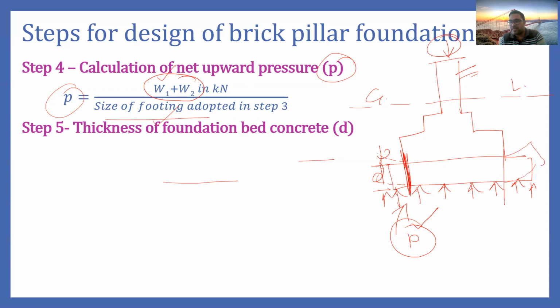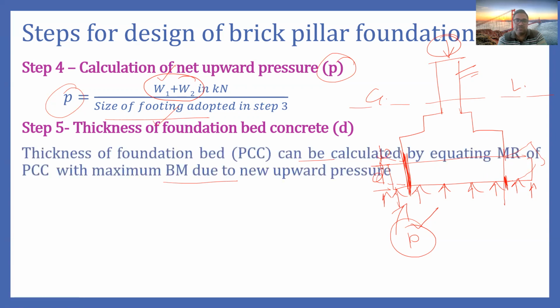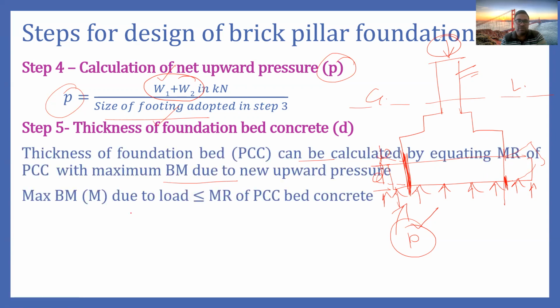So first crack due to net upward pressure will occur here. So what will be the maximum bending moment for this? If we compare this with the moment of resistance or the strength of this PCC, we can easily calculate the thickness of bed.